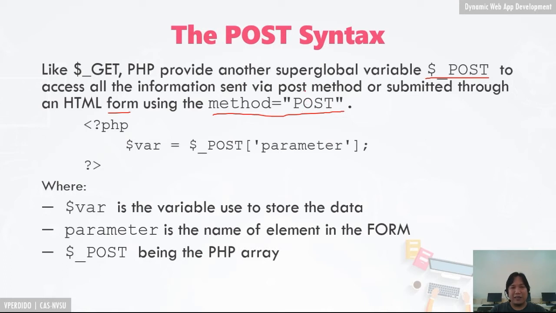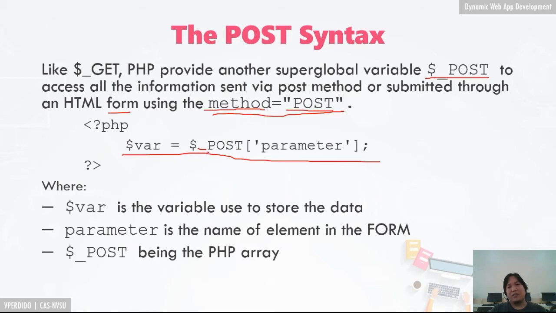So parang kanina din lang, parehas din po dun sa ating attribute na method na ginamit last time sa ating video tutorial, wherein the get will be replaced with the post here. So as you can see here, meron tayong isang declaration po ng isang variable dito, wherein paano natin kukunin yung ating data papunta dito sa ating mga variable na to using our post, since it is invisible na.